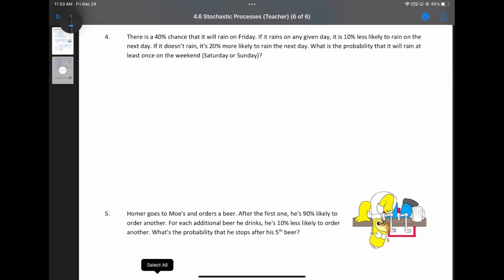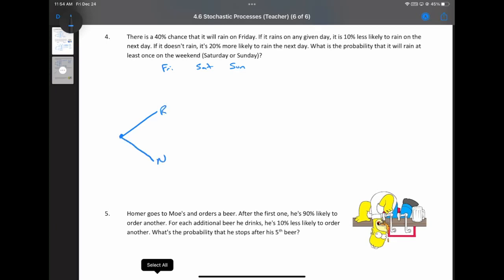So let's do our tree diagram again, our stochastic process diagram again. In this case, our 3 choices are Friday, Saturday, and Sunday. And each day it's either going to rain or not. Friday it'll rain or not.